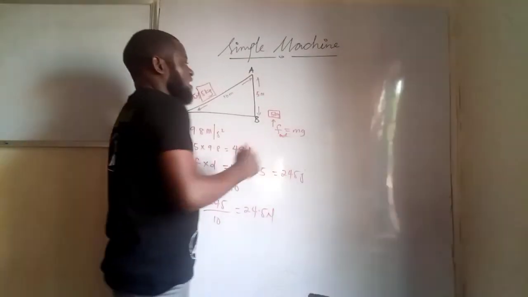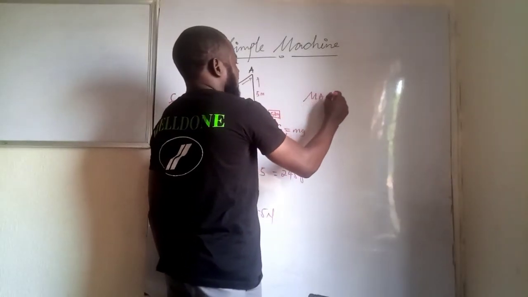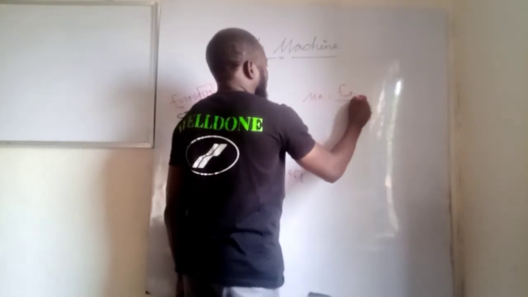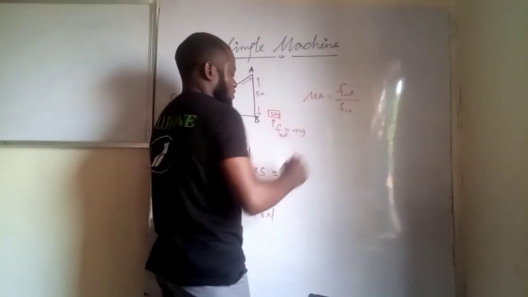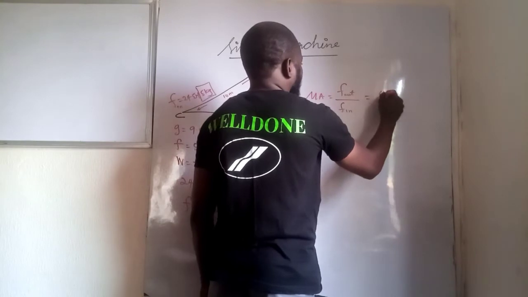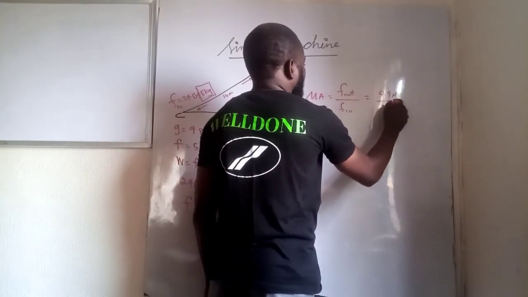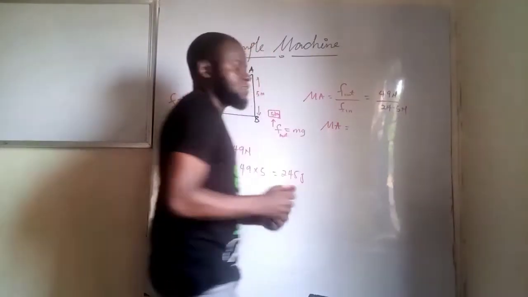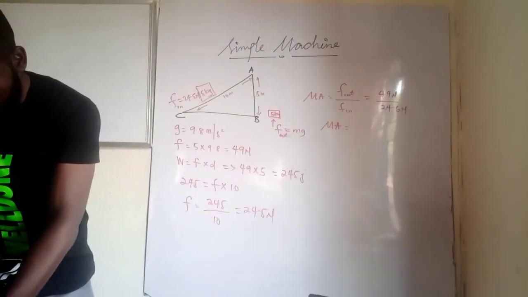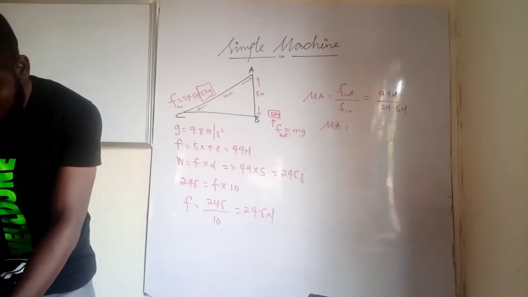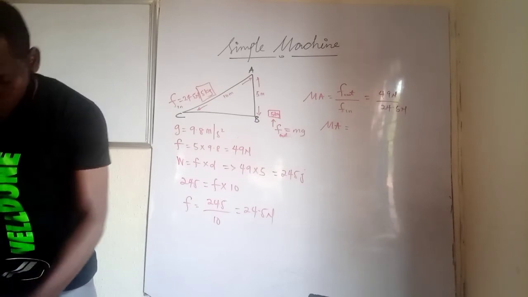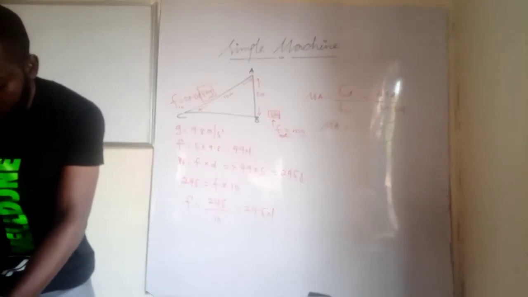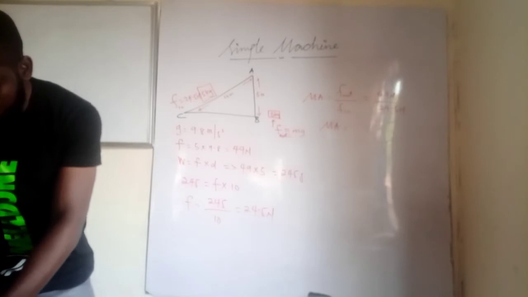Okay, if that should be the case, my mechanical advantage can then be calculated as the force output divided by the force input. Therefore, I'll be having 49 Newton divided by 24.5 Newton. So the mechanical advantage is going to be 49 divided by 24.5.